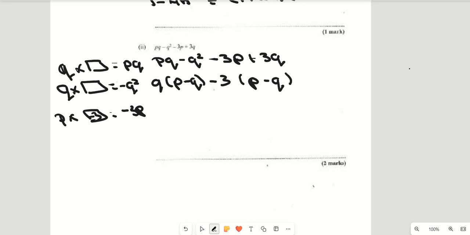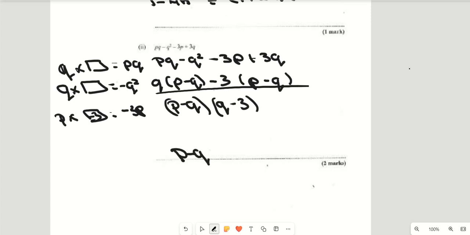Because your two brackets are the same, we put it in one bracket, p minus q, and your next bracket is what is outside the brackets in this line right here. That would be q minus 3. So your answer would be p minus q and then q minus 3, and that would be your answer for this part.